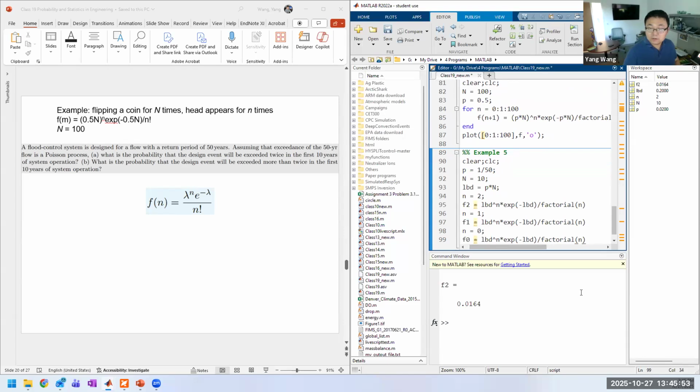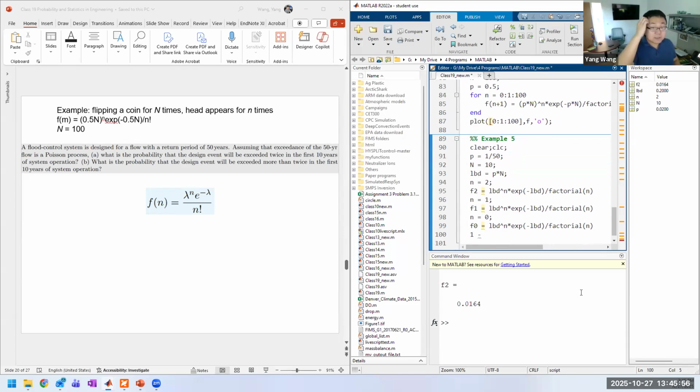Then exceeding more than twice is just 1 minus F0 minus F1 minus F2. So it's going to be basically these three.